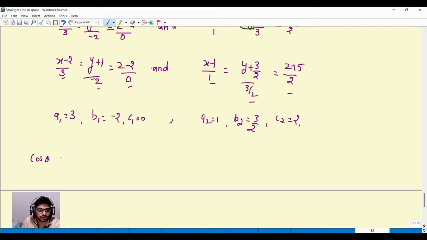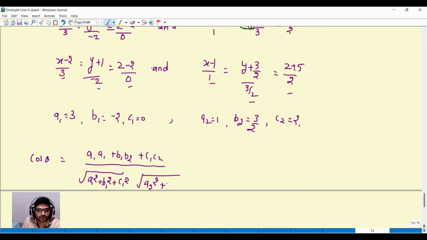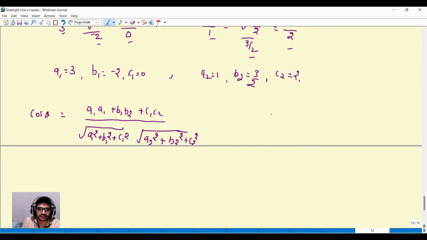So we put into the equation cos theta equals (a1 a2 plus b1 b2 plus c1 c2) upon under root of (a1 square plus b1 square plus c1 square) times under root of (a2 square plus b2 square plus c2 square). Here a1, b1, c1 and a2, b2, c2 are the direction ratios of the lines.